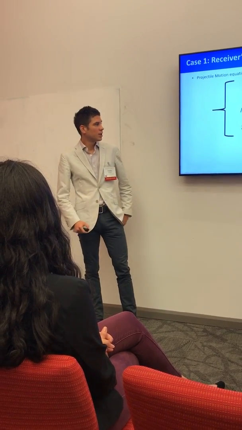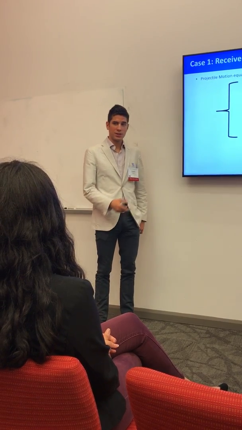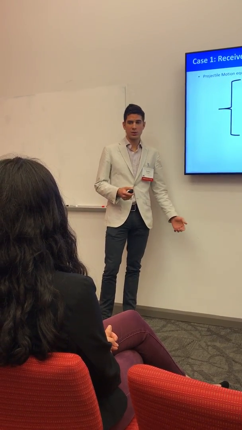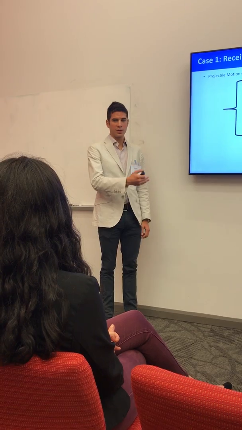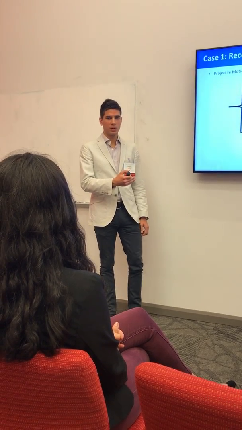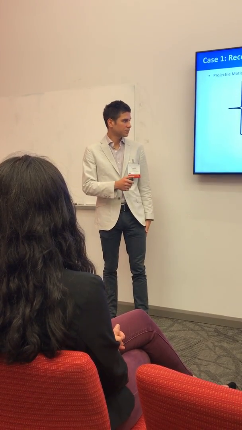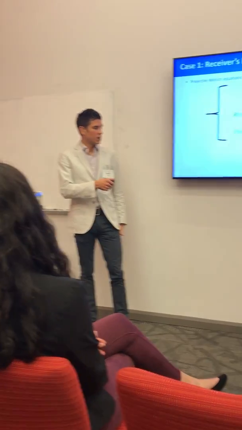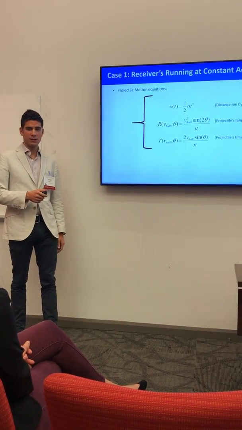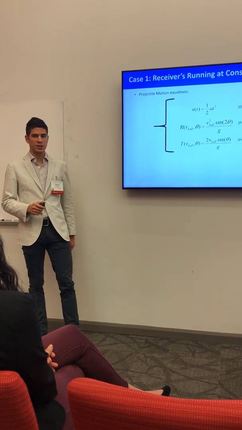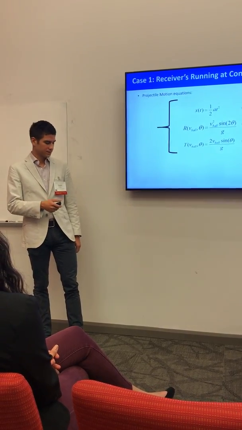The second equation calculates the projectile's range, or in other words, the horizontal distance that the ball travels. The third equation calculates the projectile's time of flight, or in other words, how much time the ball spends in the air.